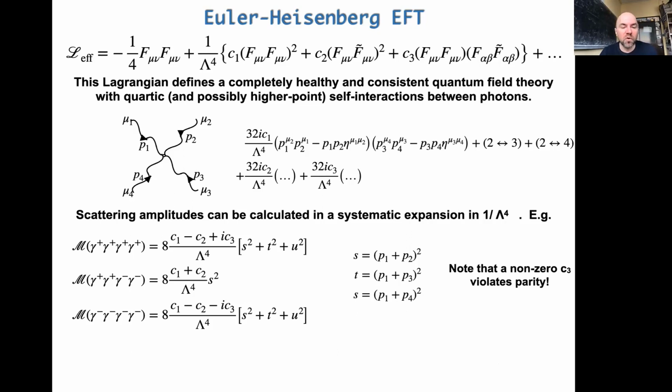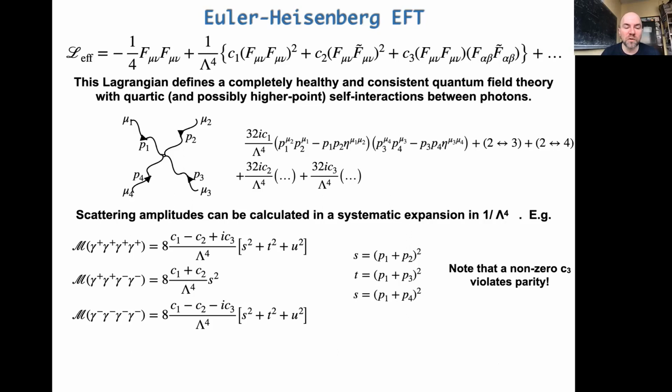For photons of the same polarization, you get the result proportional to s squared (t squared plus u squared), where s, t, u, sorry, there is a typo at the end, are Mandelstam invariants, and different configurations of the polarization will give you a different amplitude.